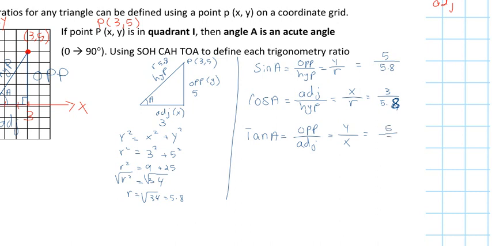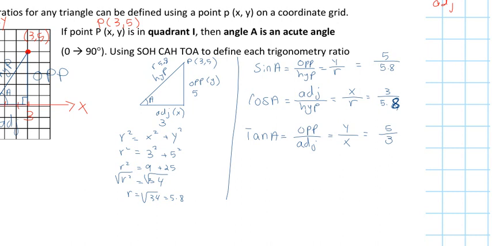Now, if you take any ratio and find the angle A, you should be getting a very similar answer. Mind you, if you use square root of 34 instead of 5.8, you will get the exact answer. If you use 5.8, you might find it a little bit different just because we rounded.